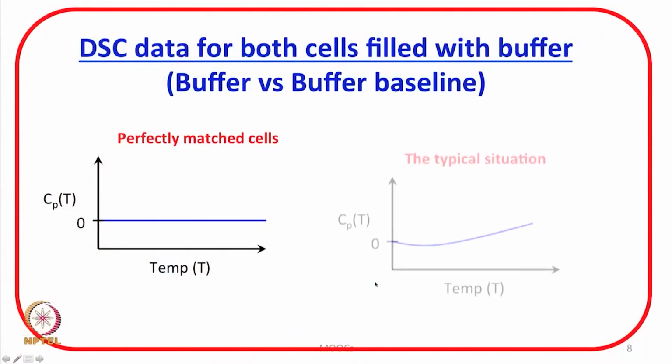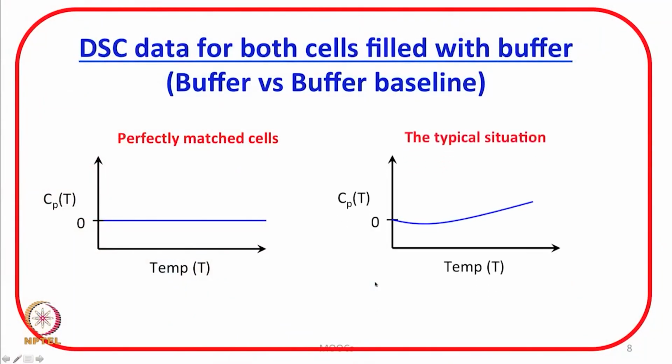However, in reality, what we get is not a straight line. The final shape of the buffer versus buffer scan, or water versus water scan, will be dependent upon the type or the extent of difference in the cell geometries.